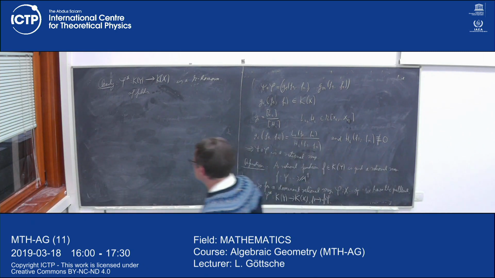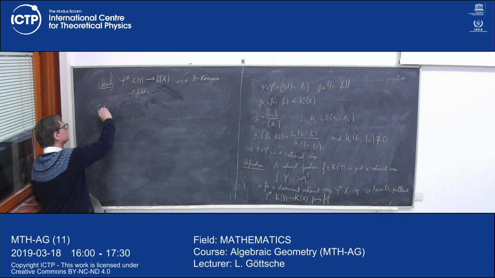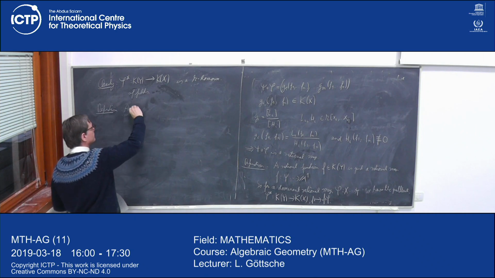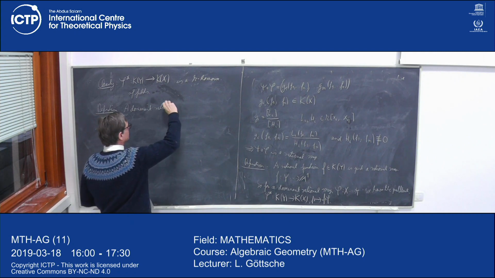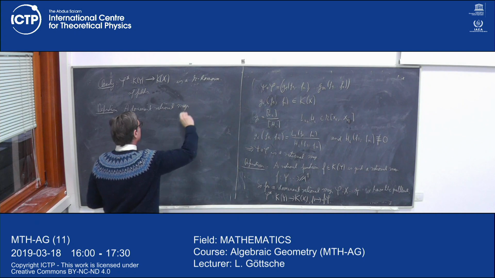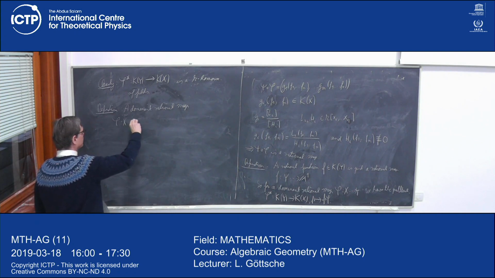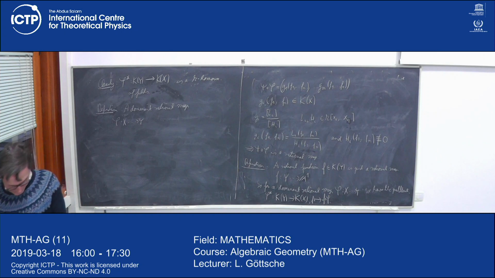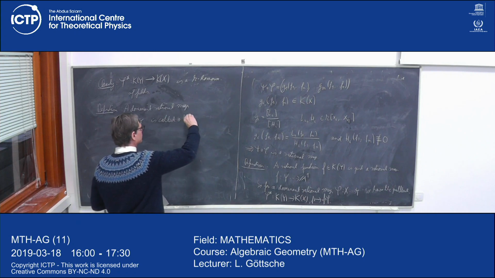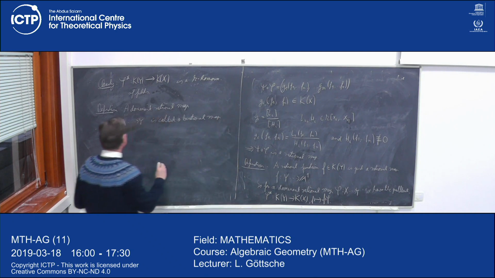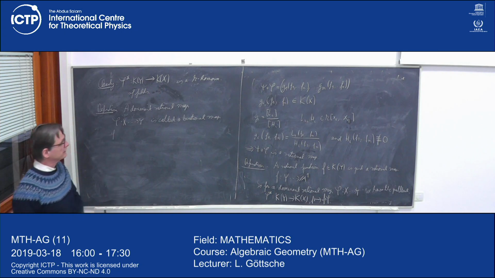Now I wanted to say, finishing: a dominant rational map phi from x to y is called a birational map if it has an inverse.